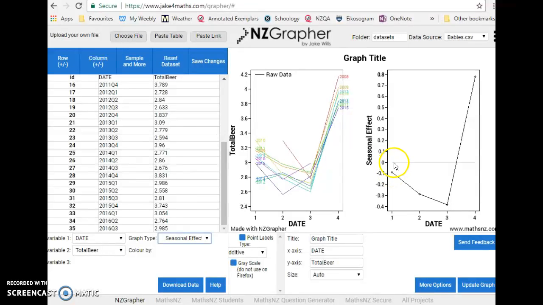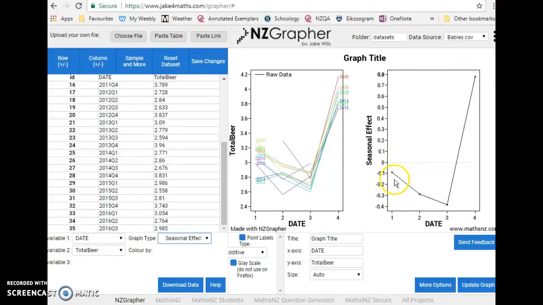So you might like to call this line either the datum, or the trend line, because that's what it refers to. From the trend line, Q2 is 0.3 million litres below the trend, Q3 is 0.4 million litres below the trend, and Q4 is 0.8 million litres above the trend.